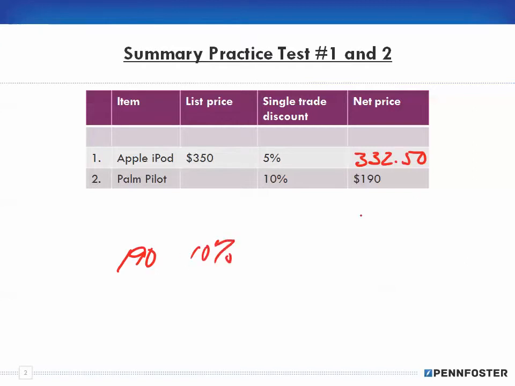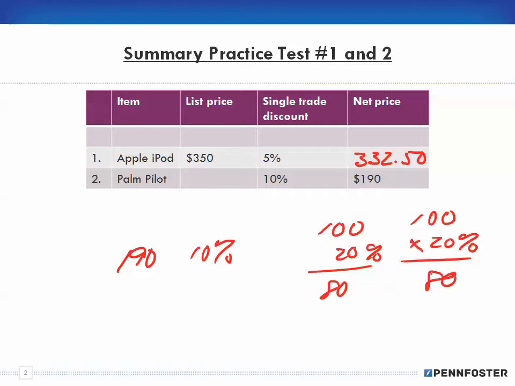If you watch the previous videos, as a refresher, if I have 100% and I take 20%, that gives me 80%. Now, if I had $100 and I take 20%, I'm multiplying by 20%, and I would get $80.